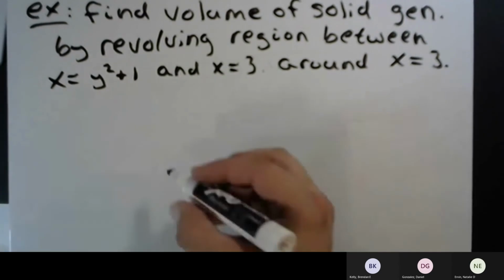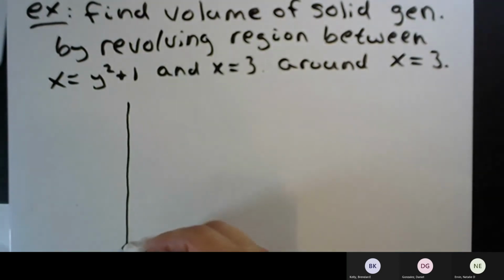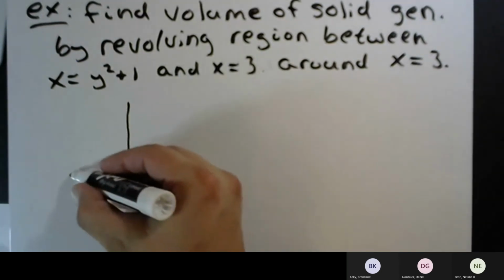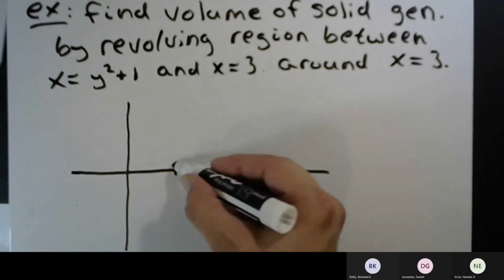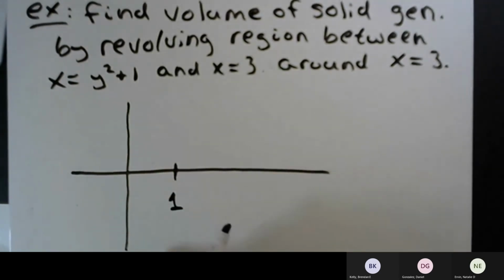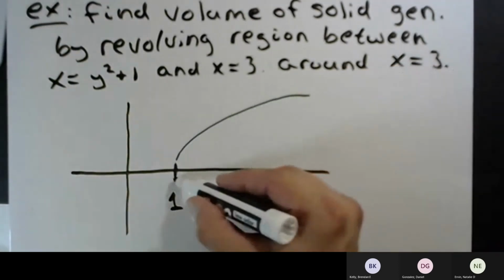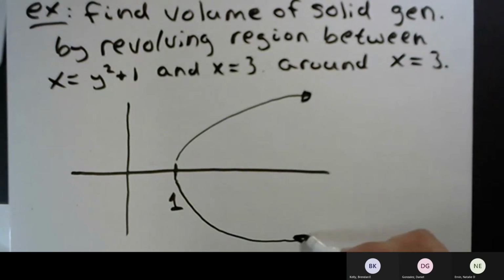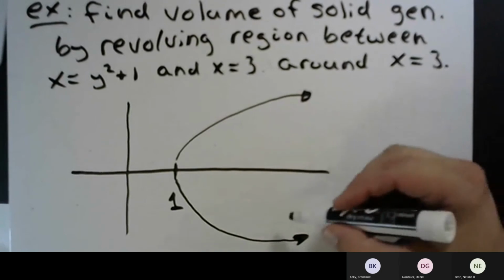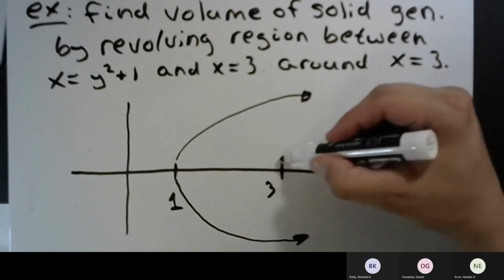So we're going to graph this thing, get a sense of what's going on. So this is what x equals y squared plus 1 looks like. And we're going to have 3 here, x equals 3.